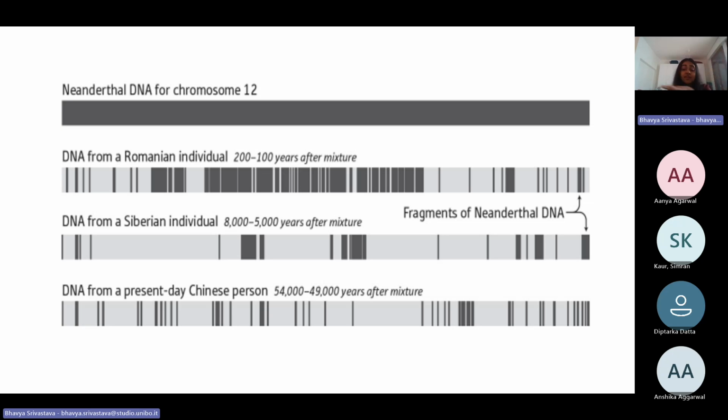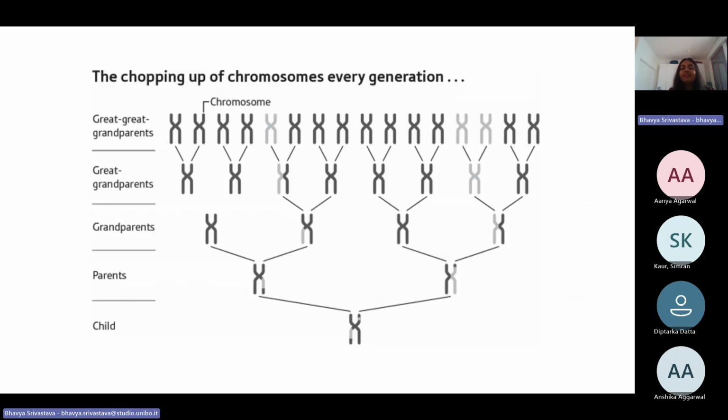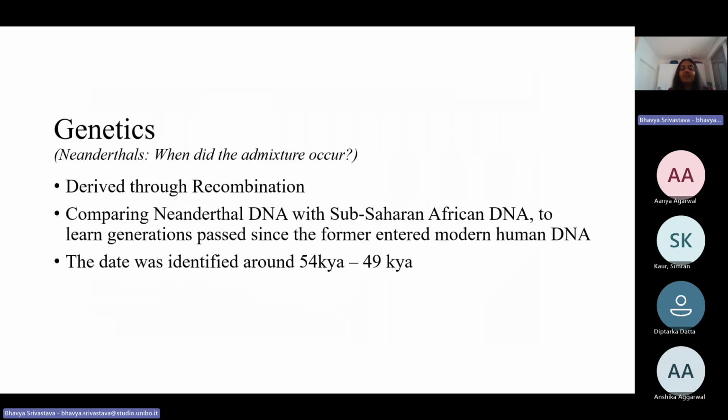So 50,000 years of genetic interbreeding can be seen. And when researchers did that, they found out that the admixture occurred 54,000 to 49,000 years ago. That's roughly the time when Neanderthals were beginning to disappear from the face of Earth.